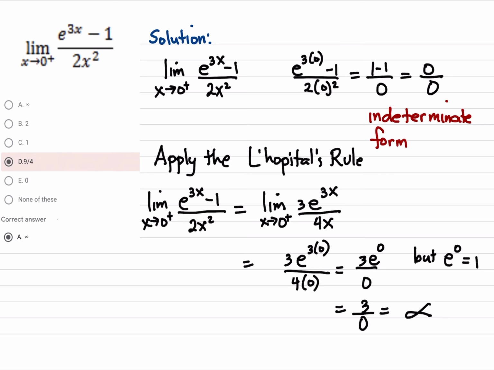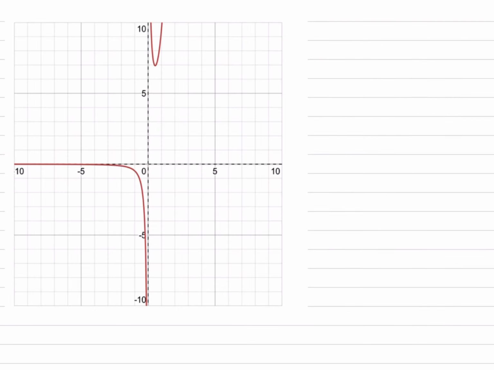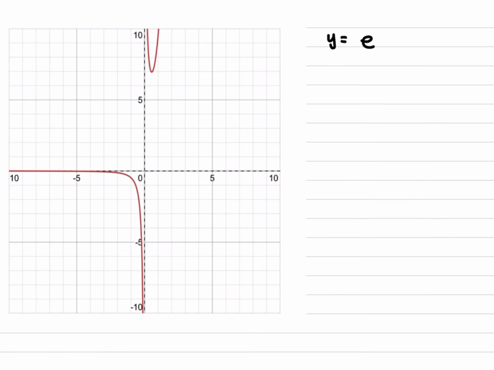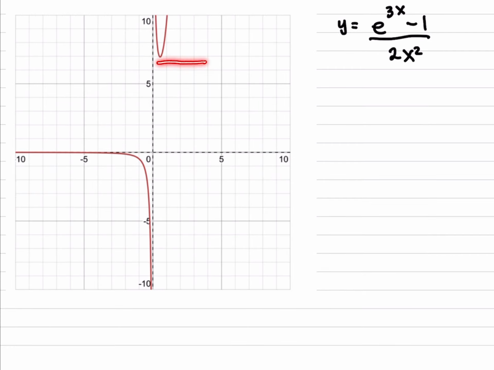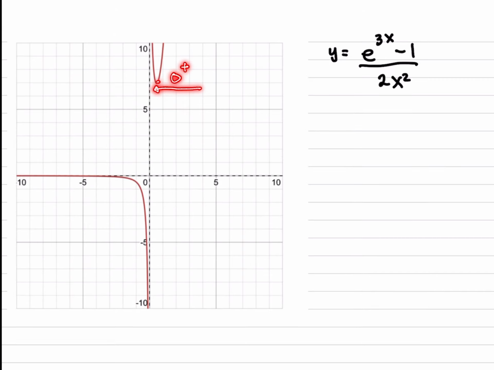And that we can verify from the graph. Here is the graph of the function y is equal to e raised to 3x minus 1 all over 2x squared. Notice that as x approaches 0 from the right side, as x gets closer and closer to 0 from the right side, the function increases without bound.